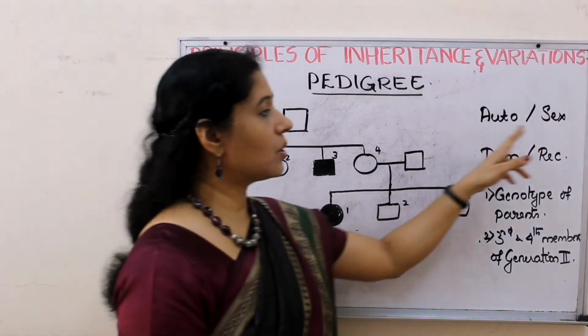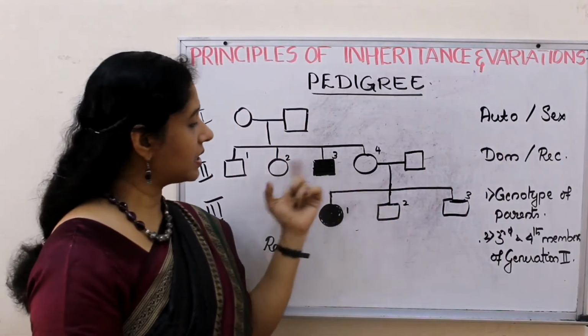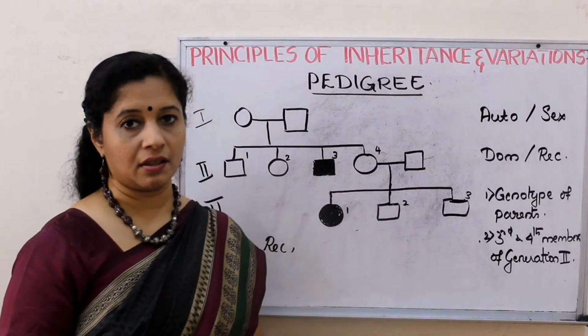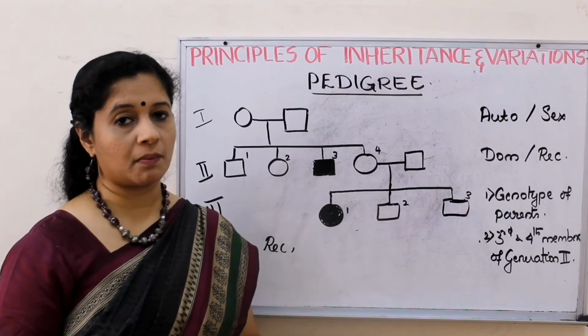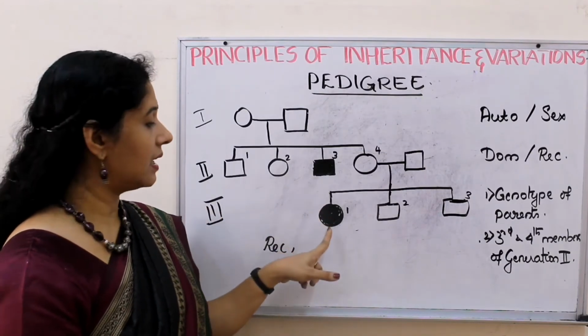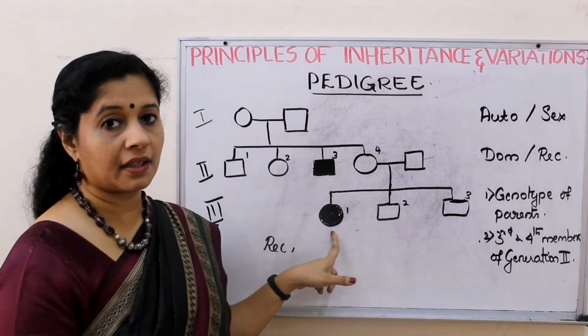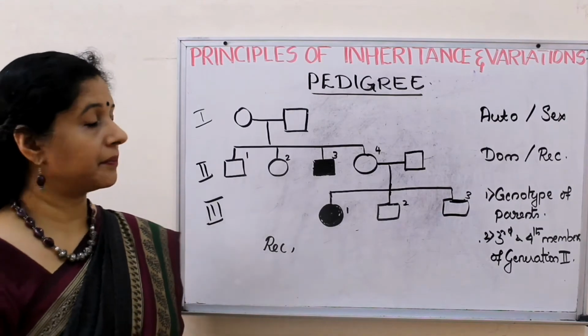Now, autosomal or sex-linked. So we know that in one generation, if one male and one female are affected, obviously it is autosomal. We can blindly say it is autosomal. But here that clue is not there because in this generation male is affected, in this generation female is affected. So now let us eliminate the possibility of a sex-linked disorder.